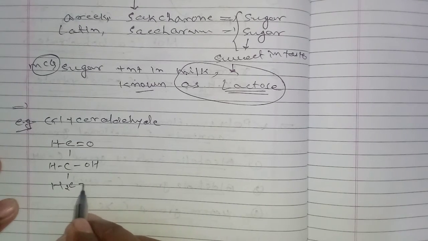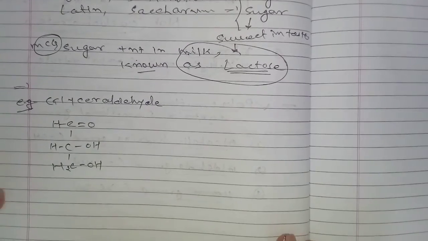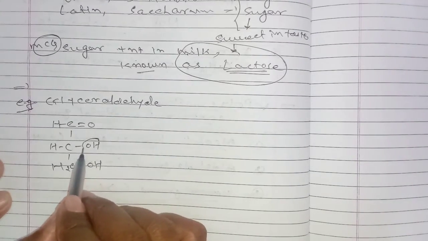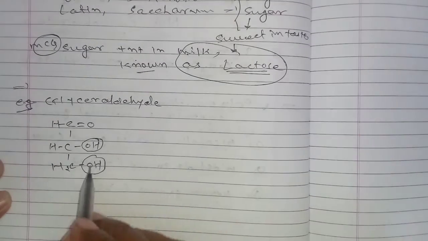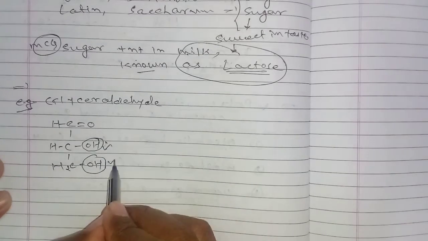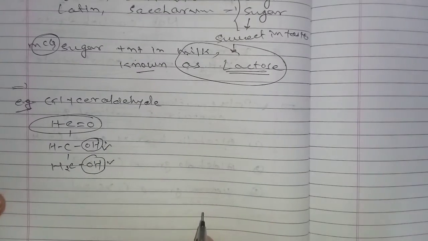so it is a polyhydroxy aldehyde, because here two hydroxyl groups are present and this aldehyde group.